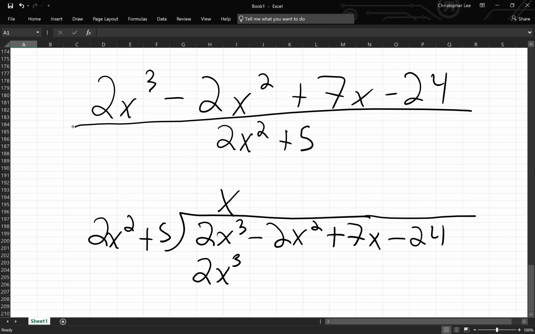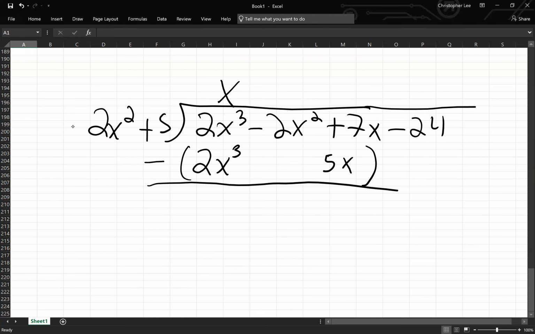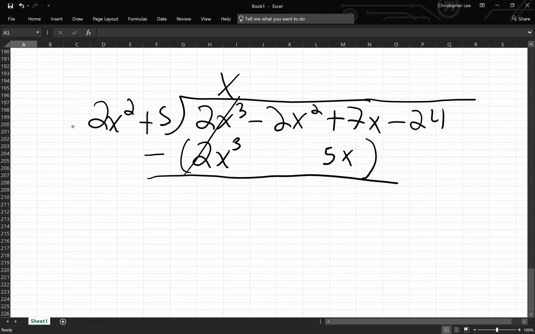And then x times 5 is 5x here, right? And then we want to subtract this. So when I subtract this, these cancel out. Bring this down because this is like 0x squared. Negative 2 minus 0 is negative 2x squared, right? And then we want to bring down the next set of numbers.